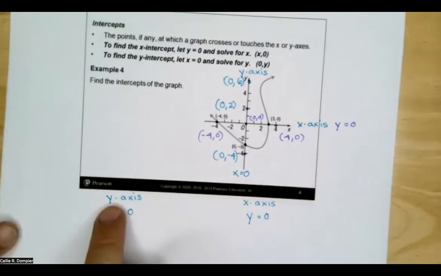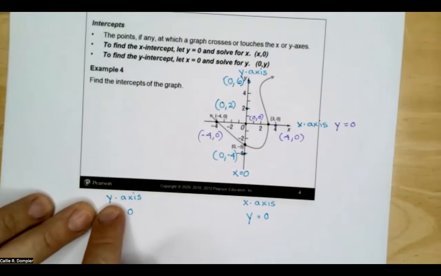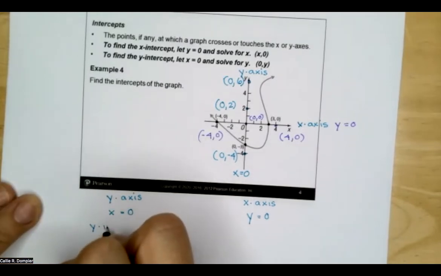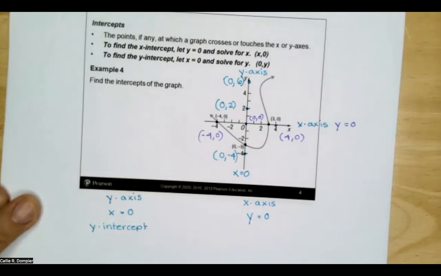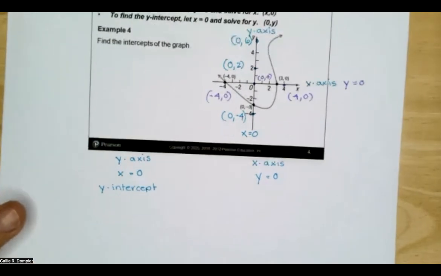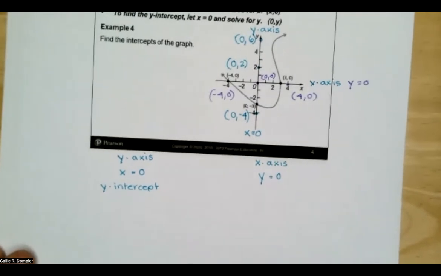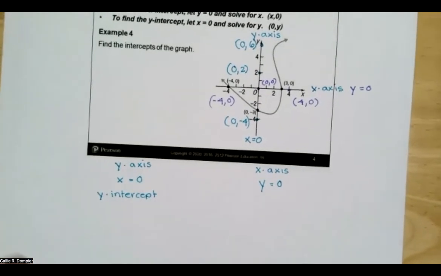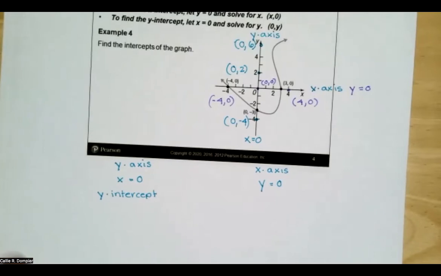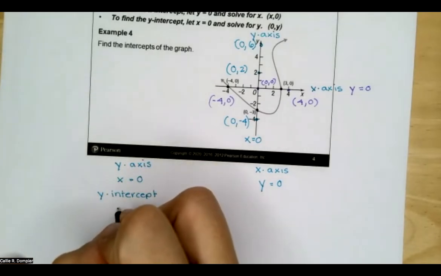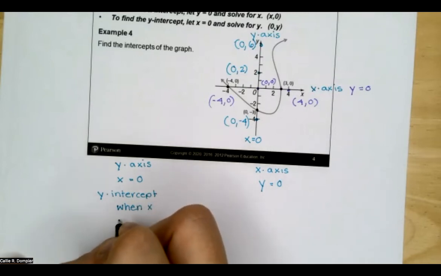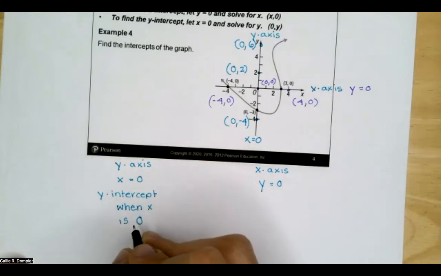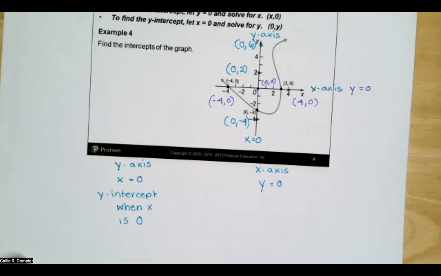To find your y-intercept, that means I want to know when does my graph cross the y-axis. Y-intercept is asking when does the graph cross the y-axis? So you just say when x is 0. You can find your y-intercept when your x is 0.